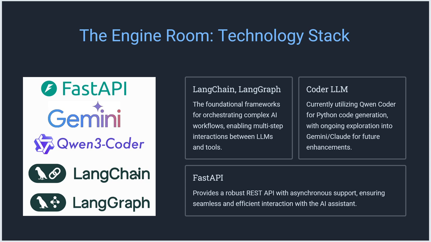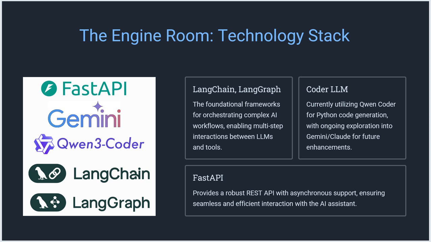The architectural choices were crucial to this POC. I used LangChain and LangGraph as foundational frameworks to orchestrate these complex stateful AI workflows. Gemini was chosen as the general-purpose LLM to brainstorm and understand the typical flow of data analytics tasks.